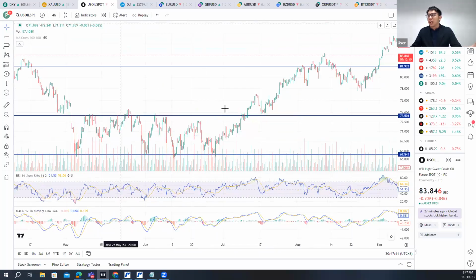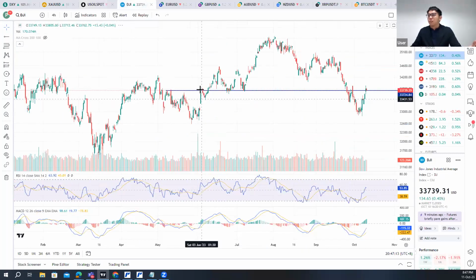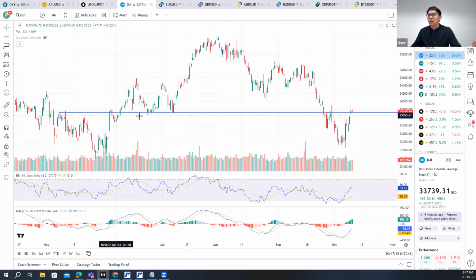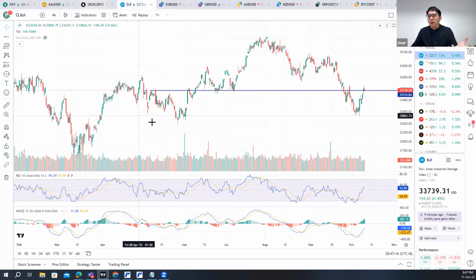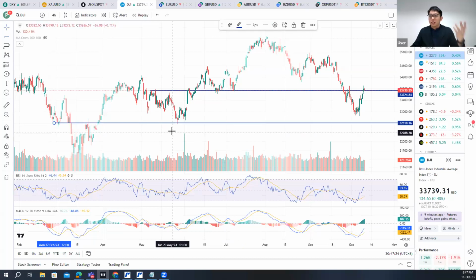You look at the pivotal points, and then we can see where the support level is and where the resistance level is, and after that we can just set accordingly. If you are trading a short, where is the stop loss level, where is the TP level.